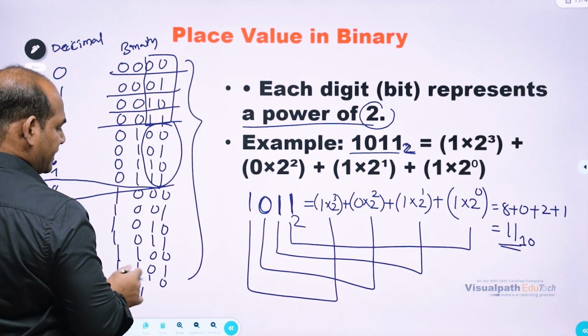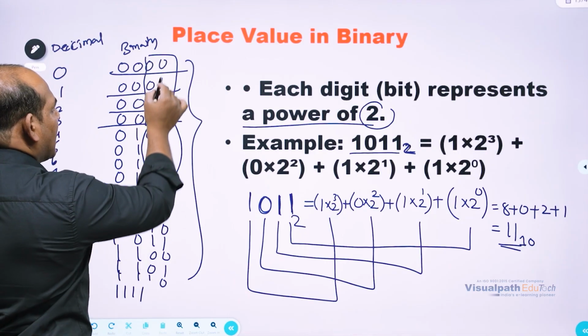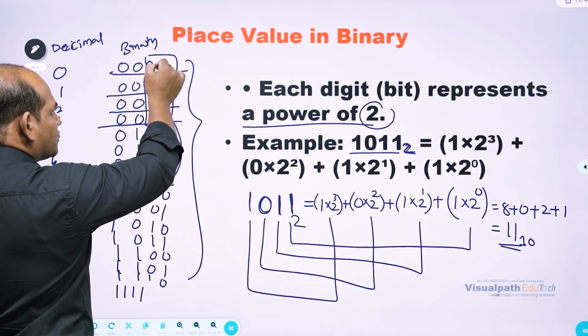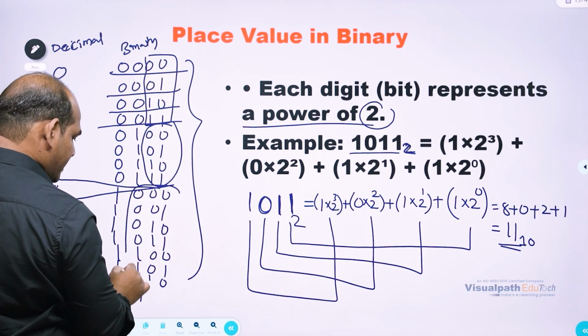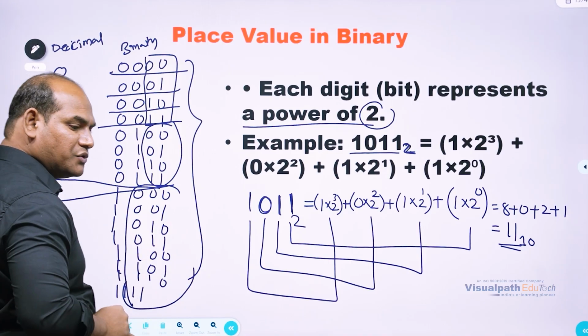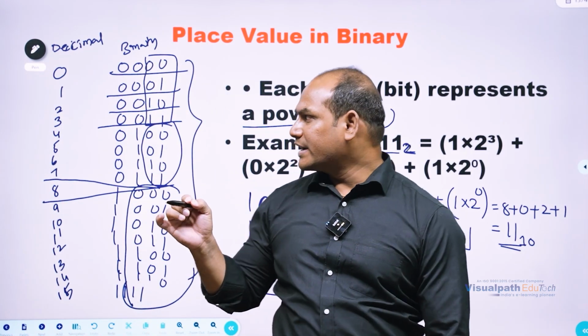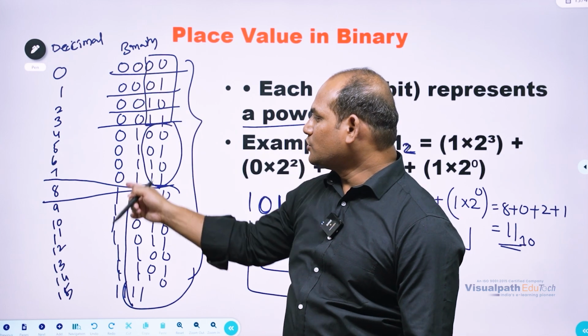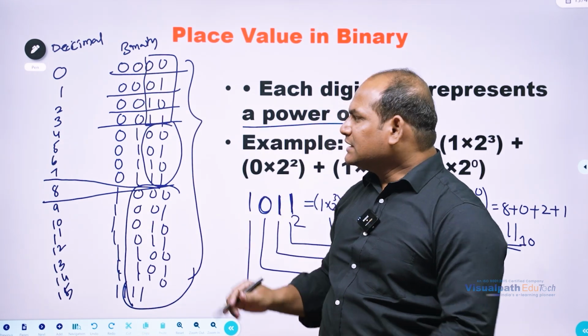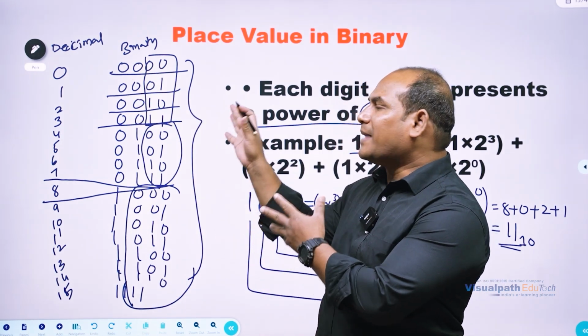Like this all the numbers are taken. If you observe one thing, all these 8 numbers from 000 to 111 are repeated here. Only the most significant bit is changed from 0 to 1, and the next numbers are obtained. This is the way of writing numbers in the binary number system.